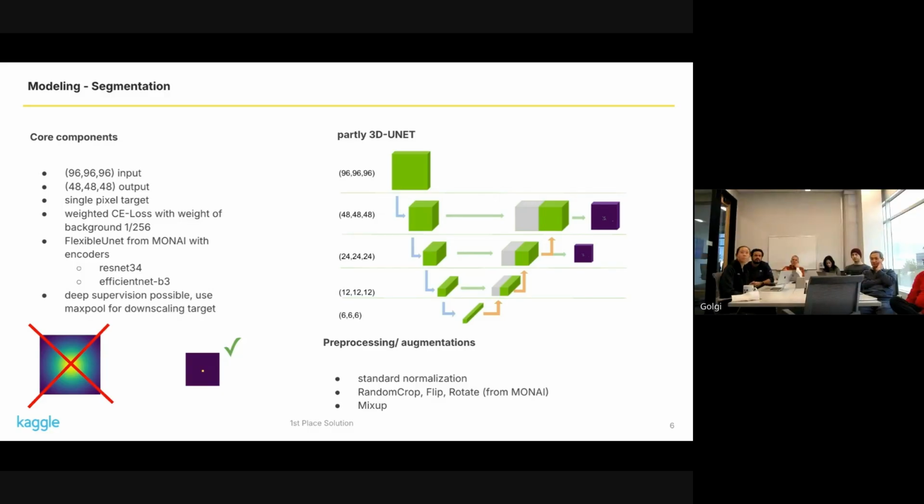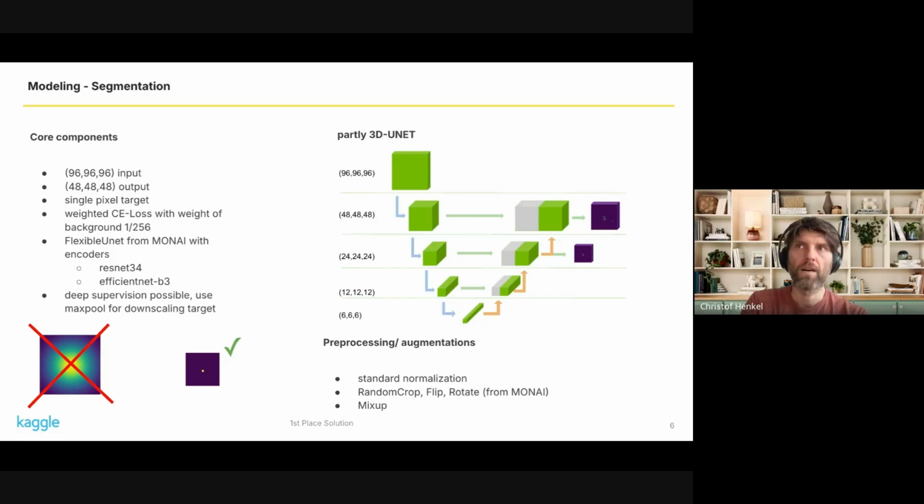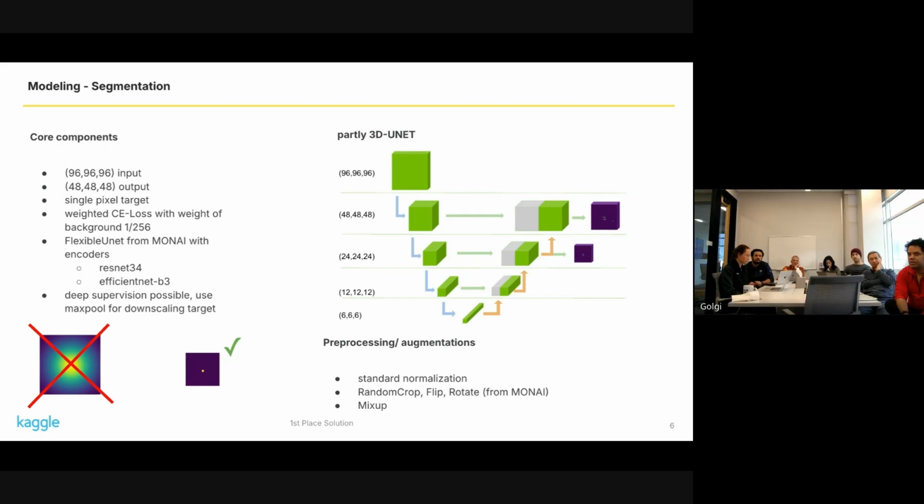So do you use any upscaling to basically upscale from deep layers back to the targets? You mean for the very final prediction? Yes.